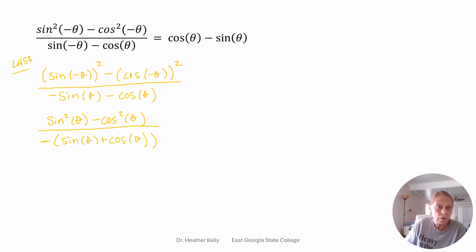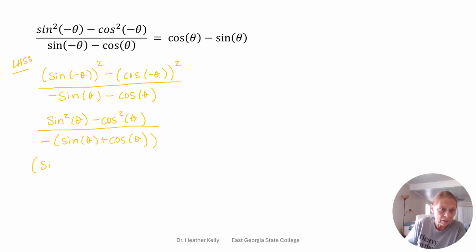Now, if you're paying attention here, you're like, oh, if that was a plus, I would just say it's a 1, but it's not a plus. It's a minus. What do we have? We have the difference in squares. Yes, we do.